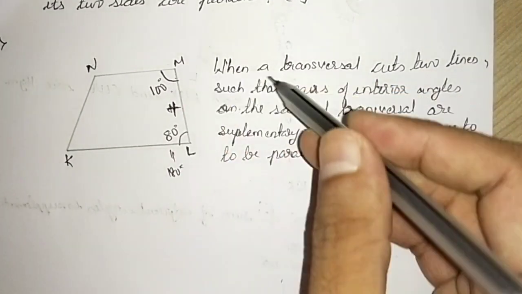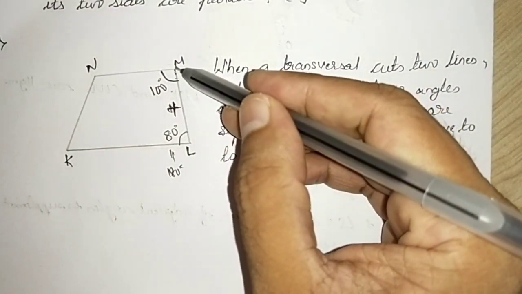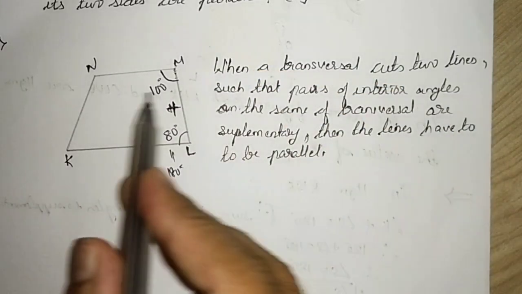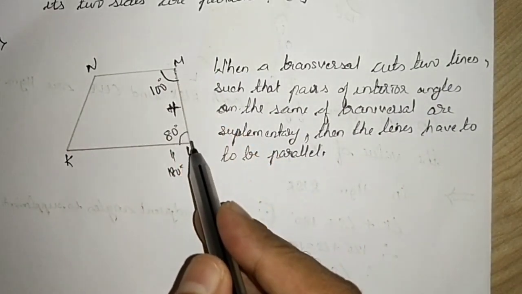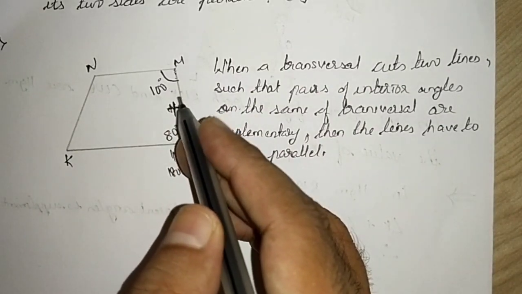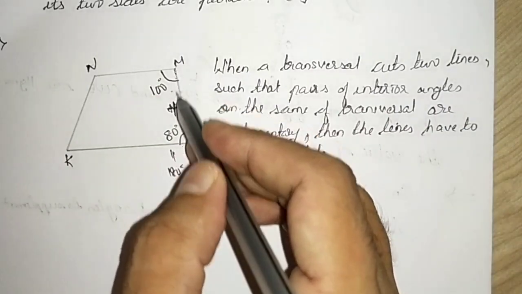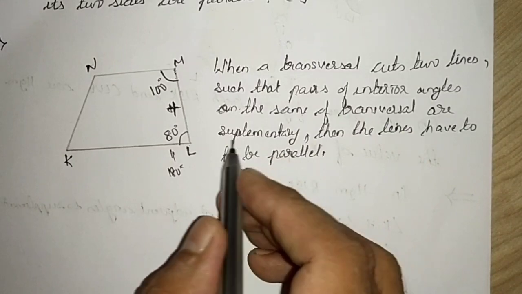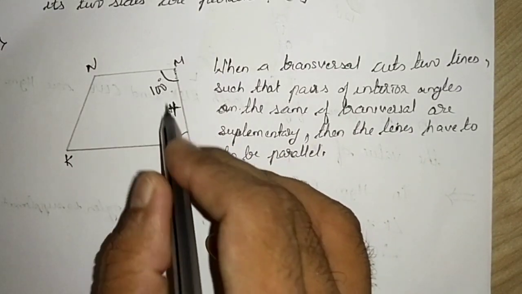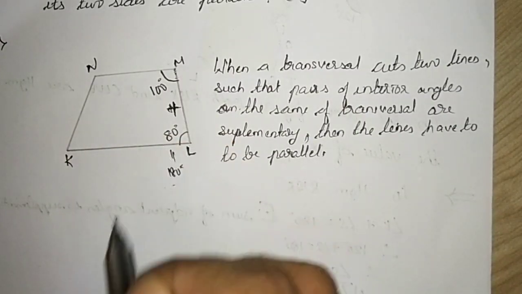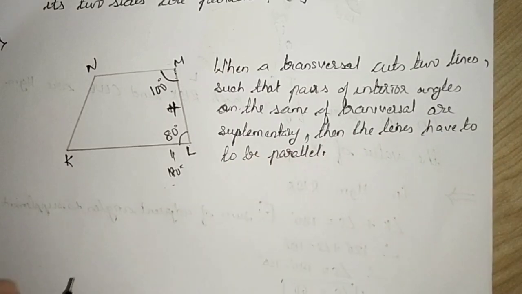So according to this statement, let me consider ML as a transversal that cuts two lines NM and KL, such that the pair of interior angles on the same side, on the left hand side of the transversal, are supplementary. If we add them and get 180 degrees, then the two lines have to be parallel. That means NM and KL must be parallel.